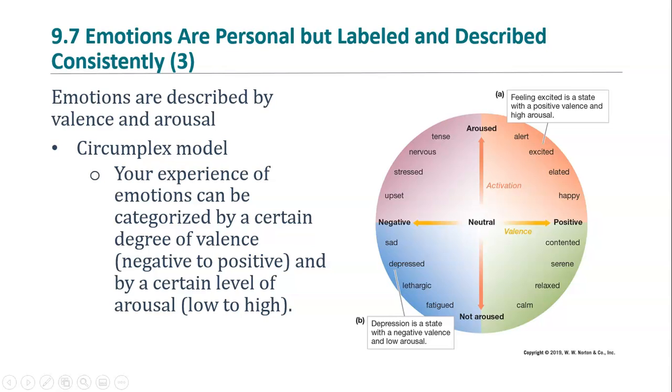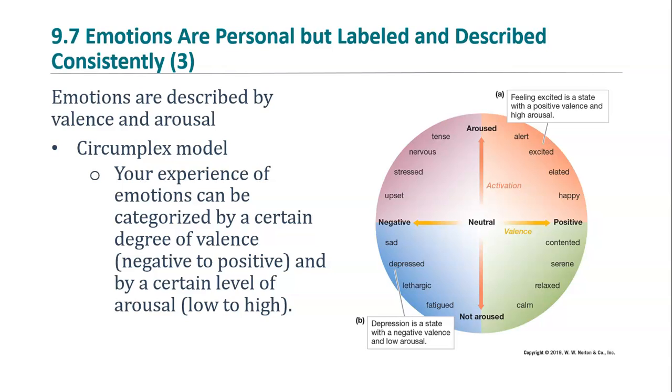One way to categorize emotion is to think about them along two dimensions. One is how positive or negative the emotion is, and the second is how much physiological arousal is involved. For example, a relatively unaroused, calm emotion is somewhat positive and has very little sympathetic nervous system arousal.